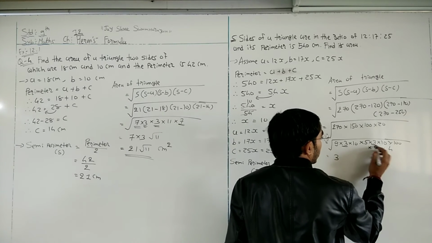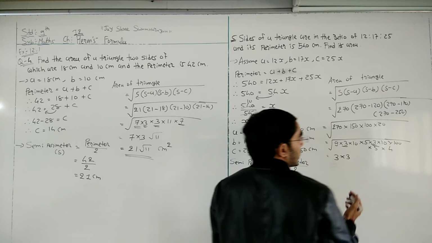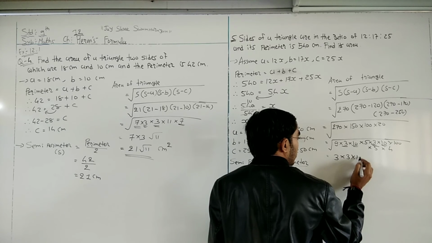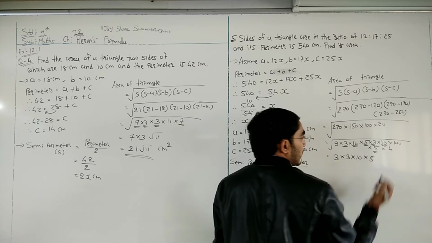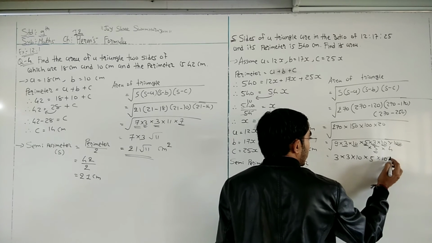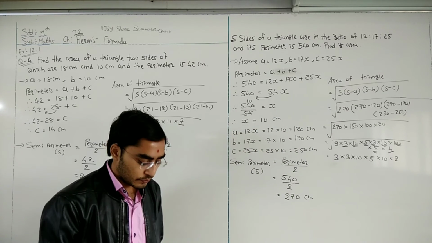Okay, we have 2 times 3, so one time will come outside. Okay, now 10 2 times we have, so 1 time 10 here. 2 times 5 we have, so 1 time 5 here. From 100, square root of 100 that we know 10, and square root of 4 that even we know 2.